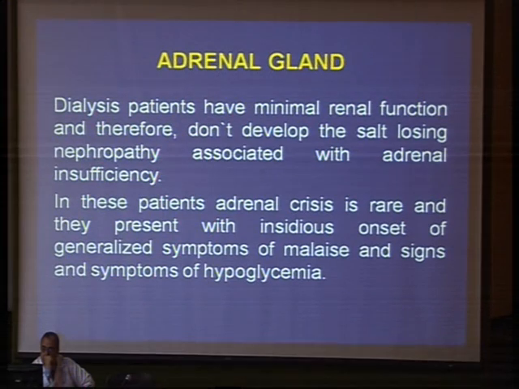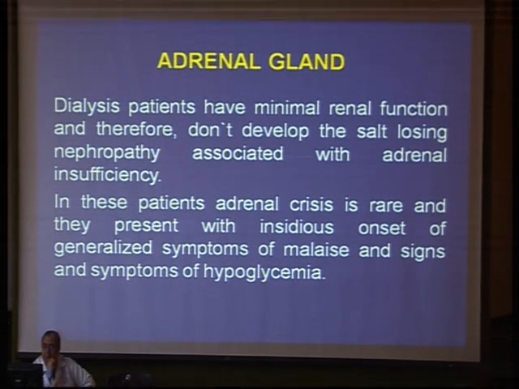But the dialysis patient has minimal or reduced renal function, therefore doesn't develop salt-losing nephropathy associated with adrenal insufficiency. In this patient, there is no major manifestation of Addison crisis, which is called acute suprarenal failure. But the symptoms here are vague, like malaise and signs and symptoms of hypoglycemia.